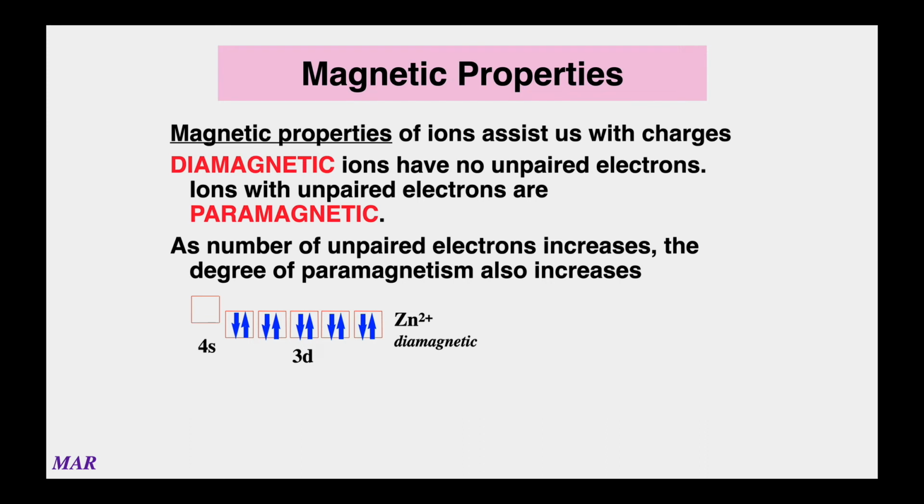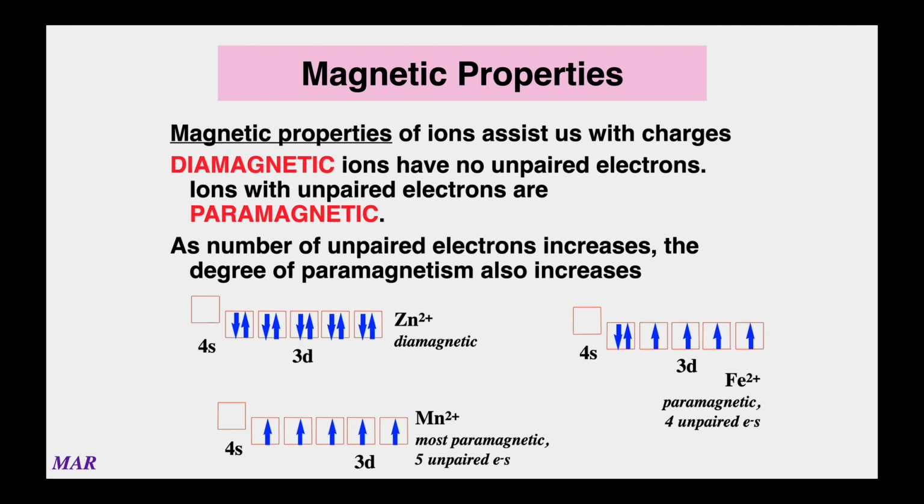All right, so here's zinc 2+. We're removing the 4s electrons first because highest N before lowest N, but zinc 2+ is diamagnetic. It has a 3d10 outside of the argon core, totally diamagnetic. On the other hand, iron 2+ has 4 unpaired electrons, which does make it paramagnetic. Here's an example of manganese 2+.